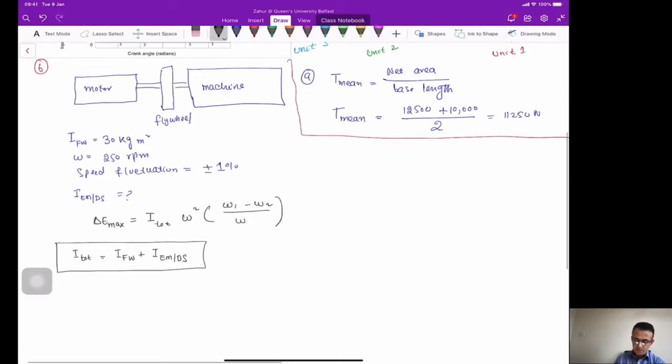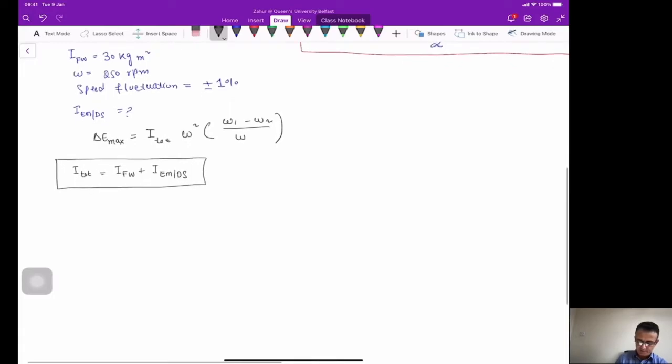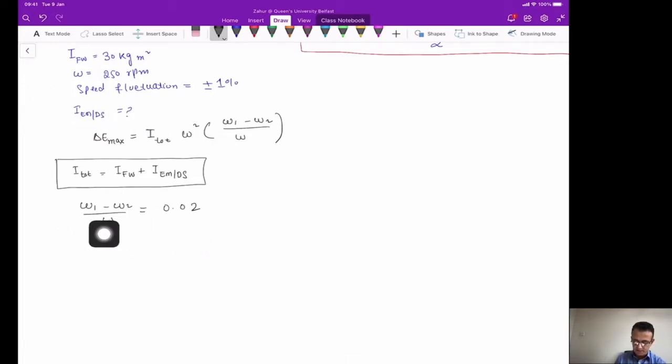Okay, so in this equation you are given the value of omega, and you are also given the fractional speed fluctuation, which is omega 1 minus omega 2 divided by omega, which you can calculate from this value here. We did this in the previous examples, and this will become 0.02, which was explained in quite some detail in worked example 1.